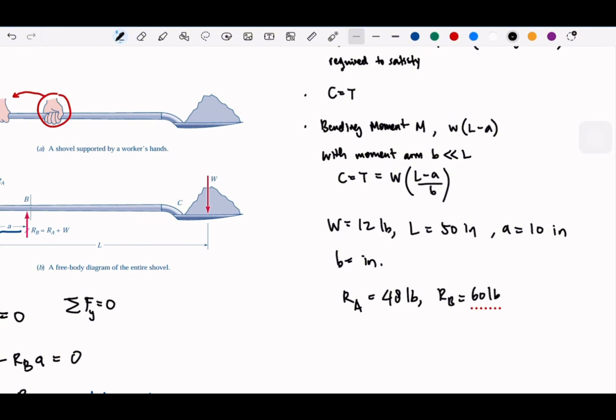Then C equals T, using W(L minus A) over B, which will be equal to 540 pounds.